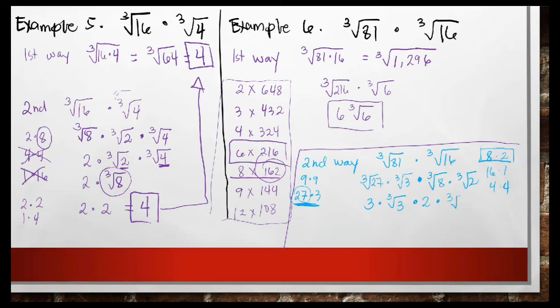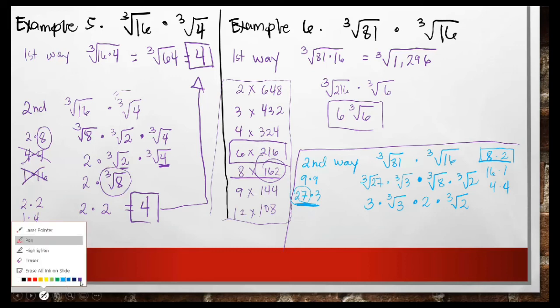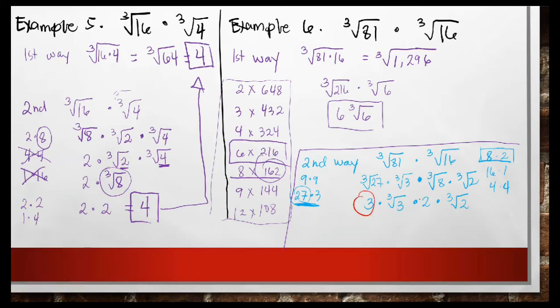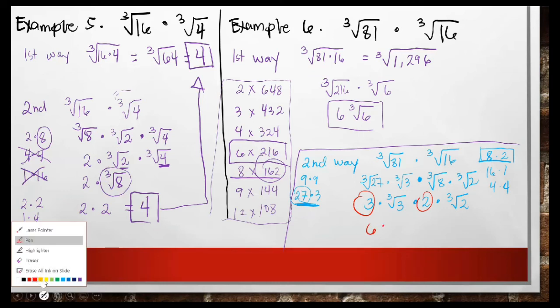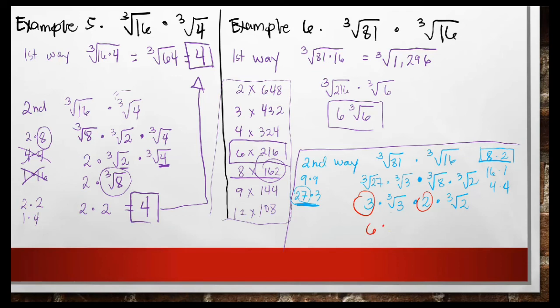Now what we are going to do is multiply the coefficients and also the radicands, since our index is the same. So we multiply 3 and 2: 3 times 2 is equal to 6, times cube root of 3 times cube root of 2.